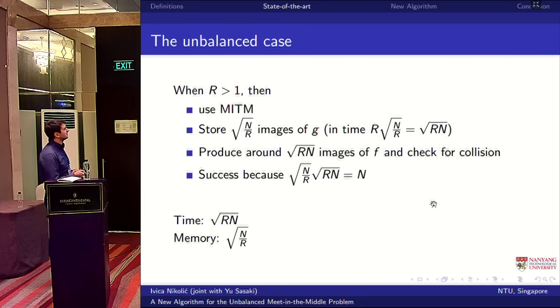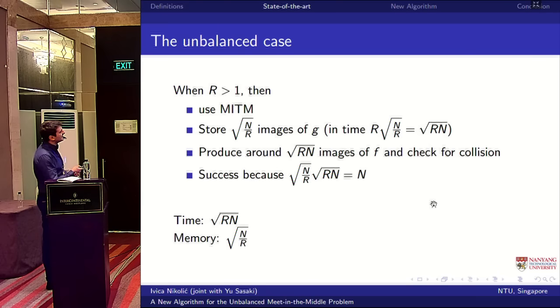So basically we store square root of n divided by r images of g in a hash table, and then we produce around square root of r times n images of f to shoot in the hash table, and because the meet in the middle space is n, when you multiply the sizes of these two sets, you're going to get n, so on average you can assume you got one collision.